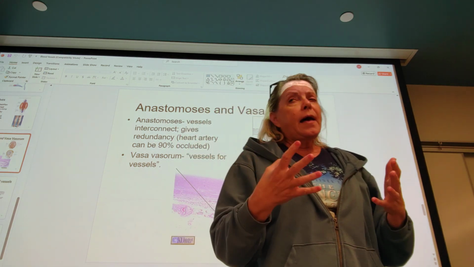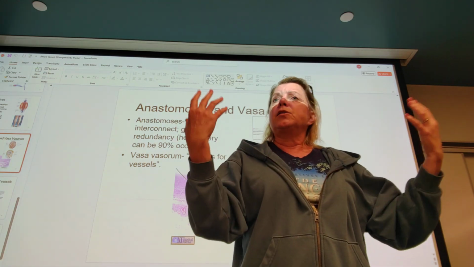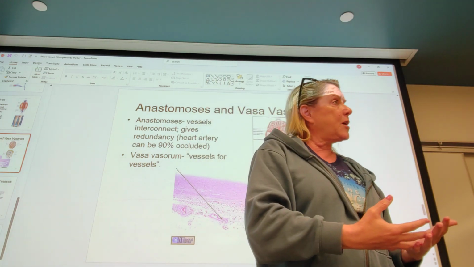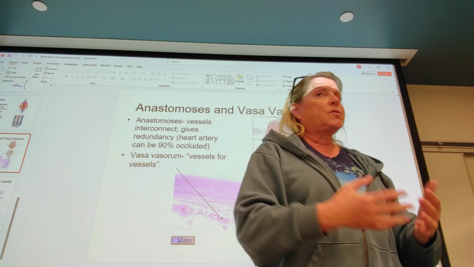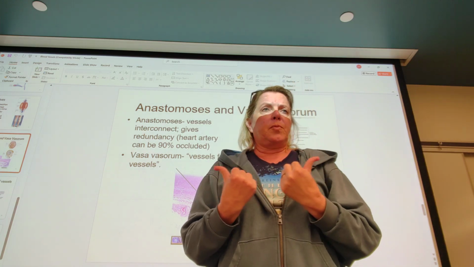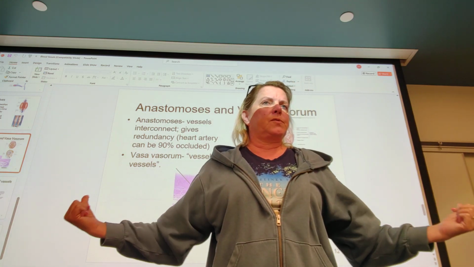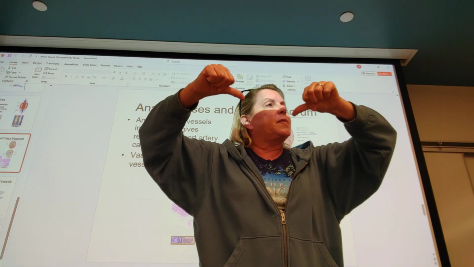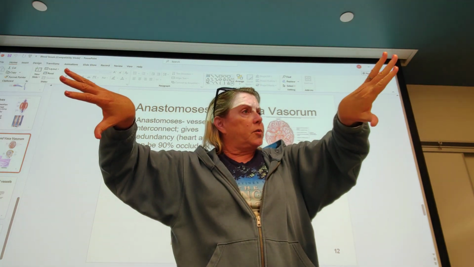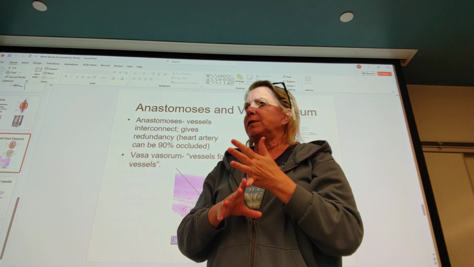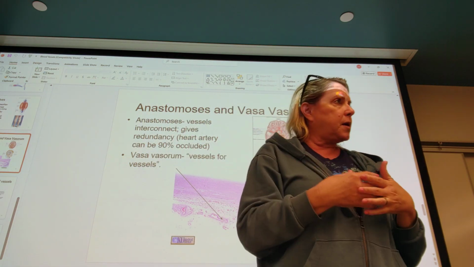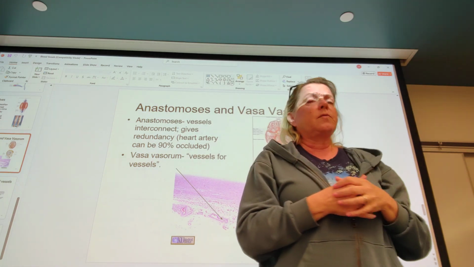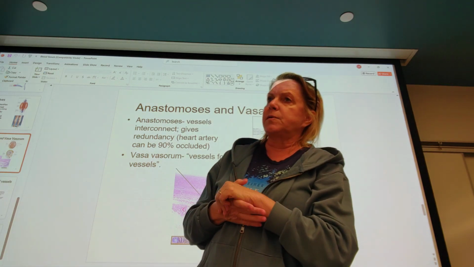We forget that they need nutrition and gas exchange too. So there are blood vessels that can branch off large blood vessels, and loop around and come from the external portion to deliver oxygen and nutrients and pick up waste products. Vasa vasorum, vessels for blood vessels.